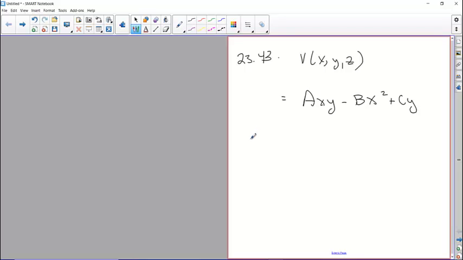So the electric field in the x direction is negative the partial derivative of the voltage with respect to x. The electric field in the y direction is negative the partial derivative of the voltage with respect to y. And the z component of the electric field is negative the partial derivative of v with respect to z.